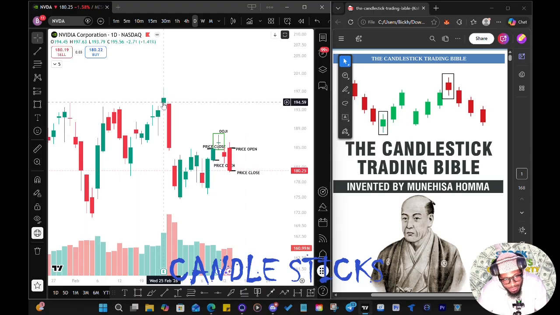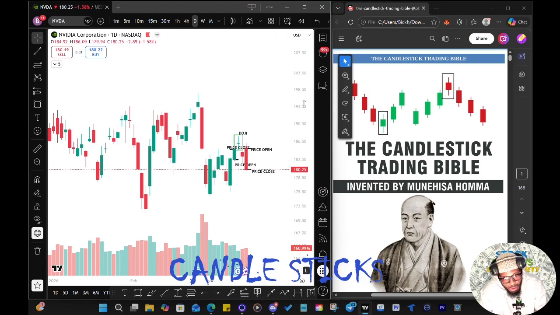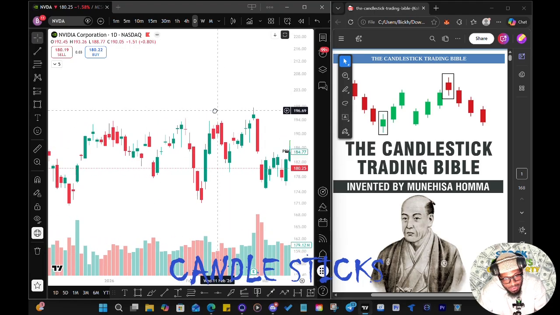So buyers won this price on Wednesday, February 25th, closing with a green body, but that wick at the top cannot be ignored. It told you sellers were absolutely there and don't want this price to go above 197. And sure enough, the next day you got a heavy drop. So that is important. Wick candles are very important to understand.